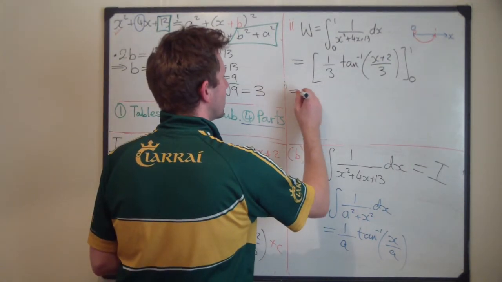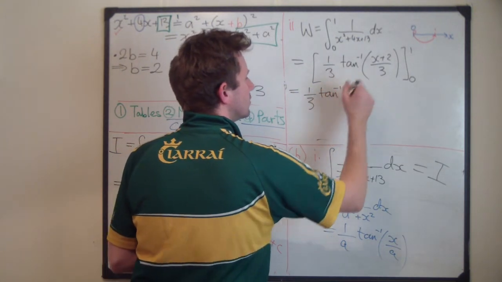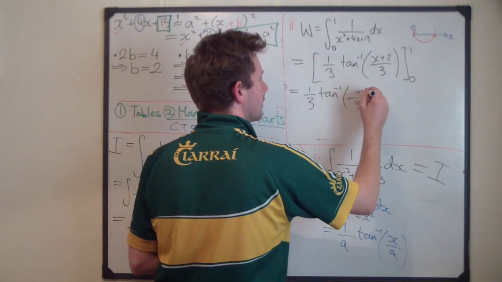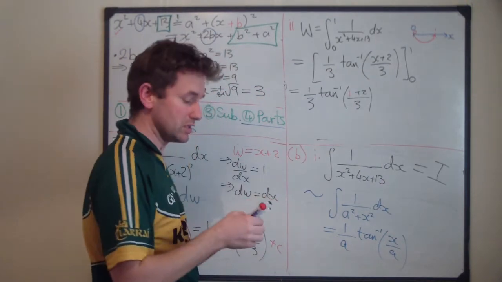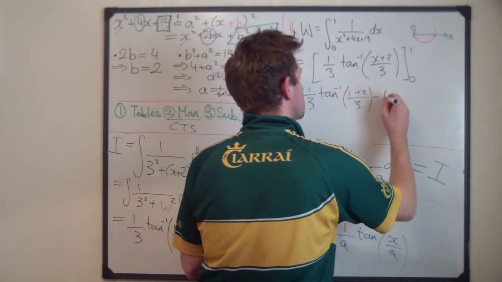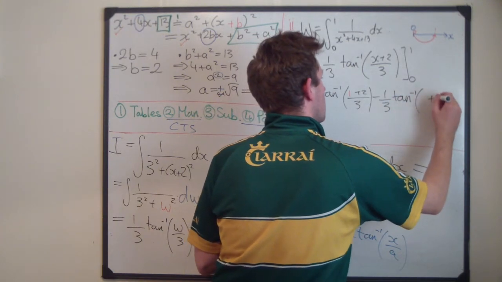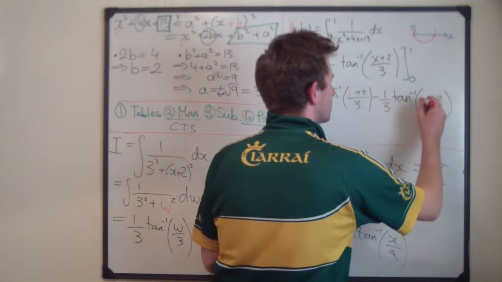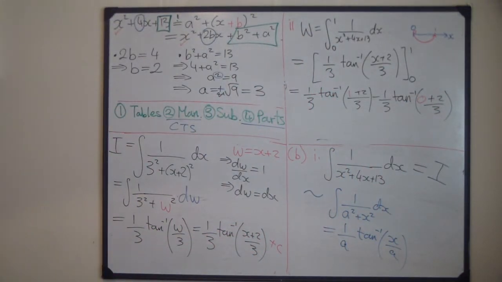Okay, so we get 1/3 inverse tan, in the top limit, of (1 plus 2) over 3. So that's substituting the top limit, minus substituting the bottom limit, which is 0. I think there's clever ways of adding those together, but we're just going to use a calculator.